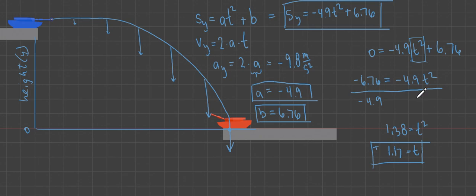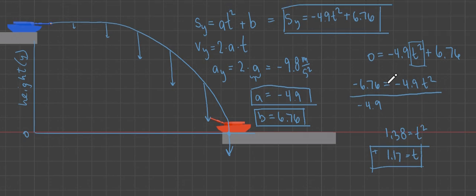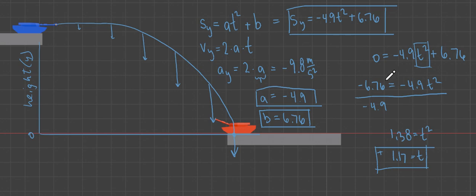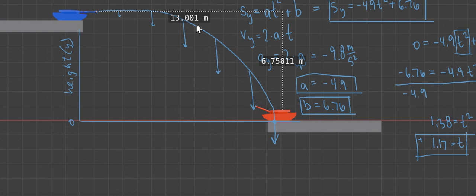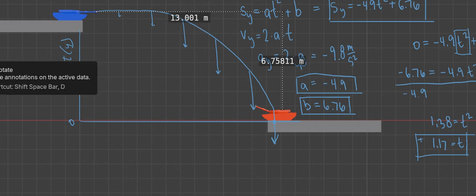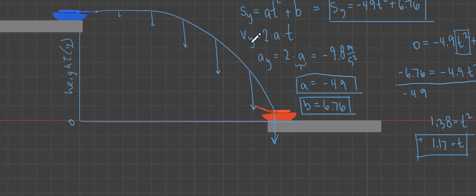So what we know is the time it takes to get to the target, and also we know the distance to the target. So what we can say is that, I already forgot it, 13 units, we can say meters, but it really could be anything, is equal to 1.17 seconds.